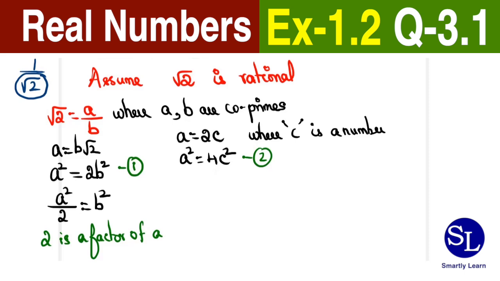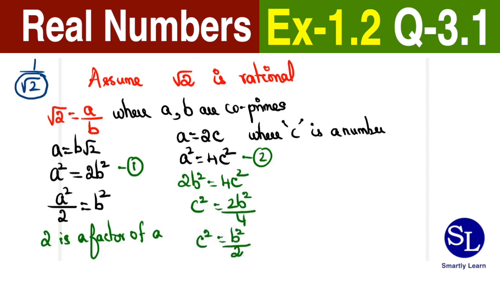So I'm going to compare these two statements. So 2b squared is equal to 4c squared, or c squared is equal to 2b squared by 4, or c squared is equal to b squared by 2. So this tells you that 2 is also a factor of b.